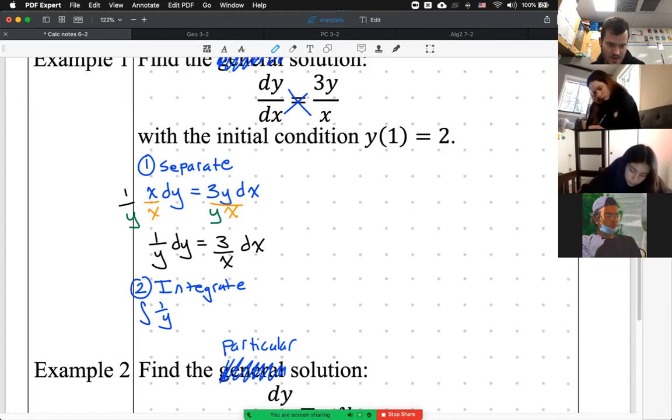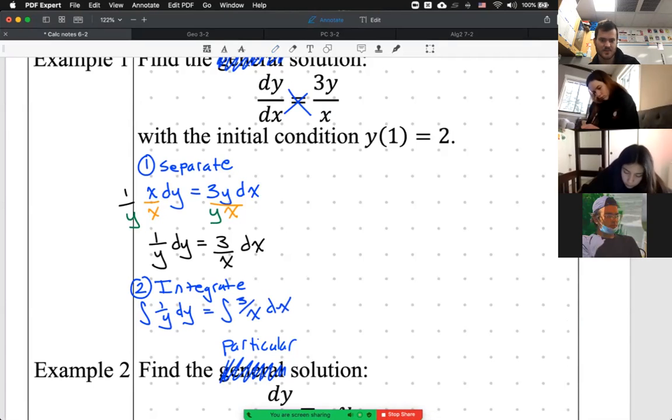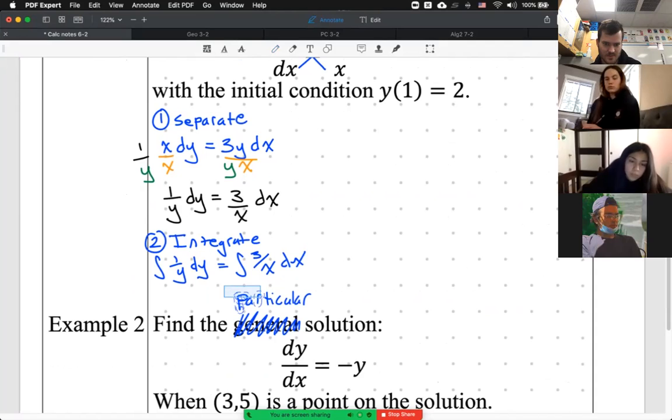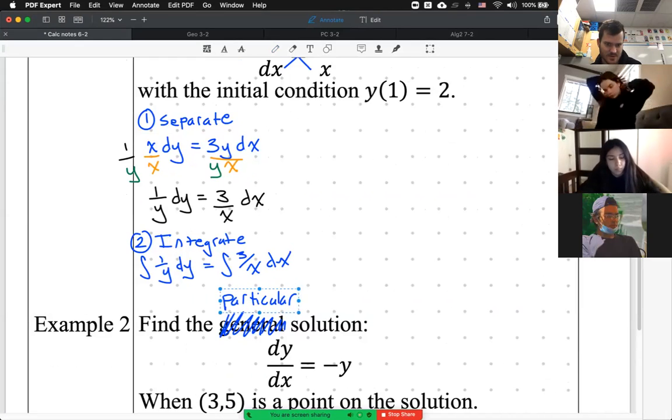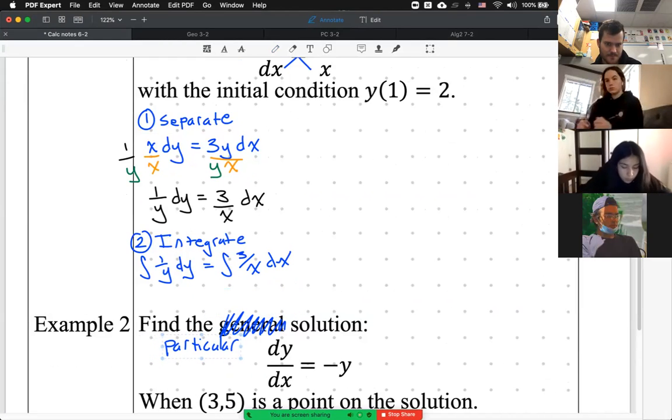The integral of 1 over y dy is equal to the integral of 3 over x dx. And maybe I can move this word particular underneath, so it doesn't take very much room to actually do the integration here. All right, Fiona, integrate that left-hand side. Maybe we'll give, no, you can do both sides. They're basically the same.